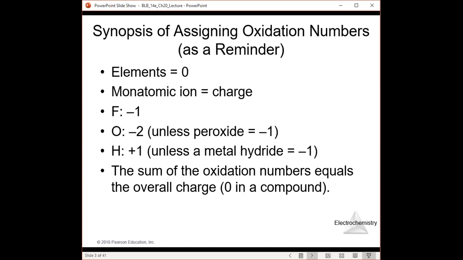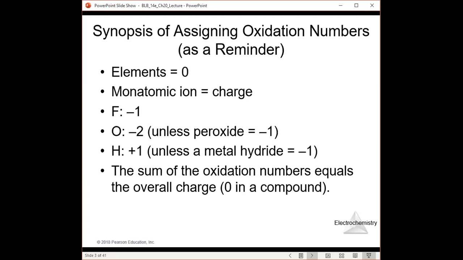Now, when you're balancing these redox equations, you have to assign oxidation numbers. When you have pure elements, oxidation number is 0. If you have a monatomic ion, that's the charge on that ion, meaning that it's just a single atom, like silver, gold, sodium. Of course, for fluorine, it's -1. Oxygen is tricky.